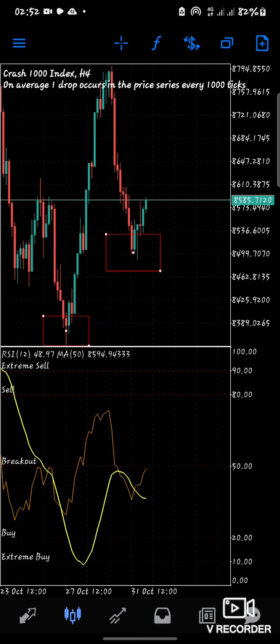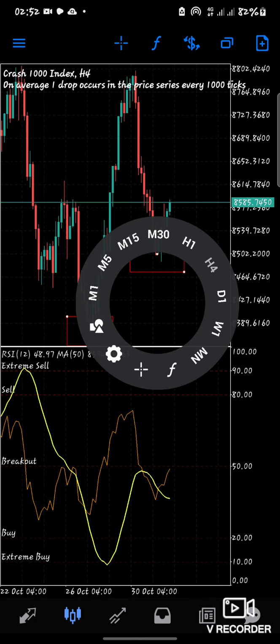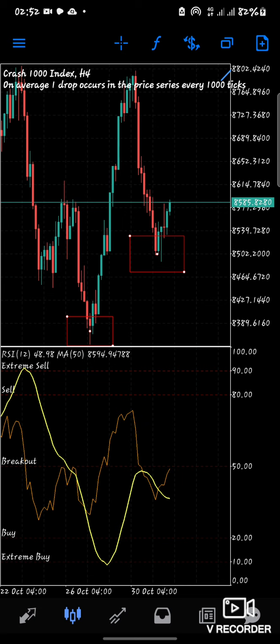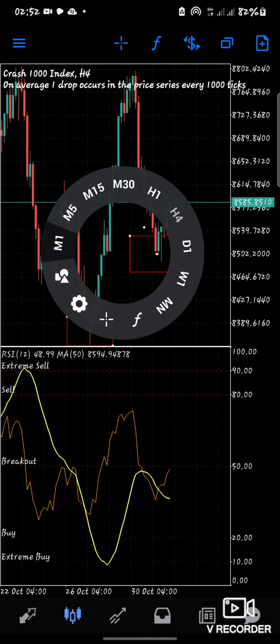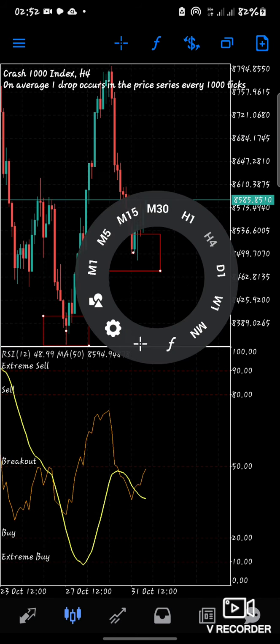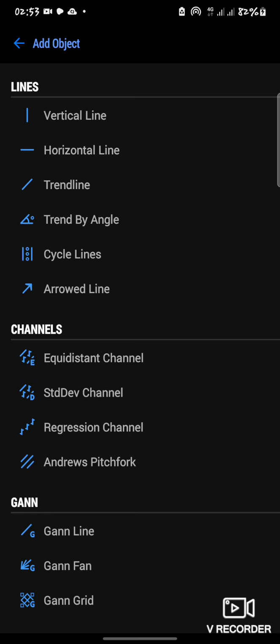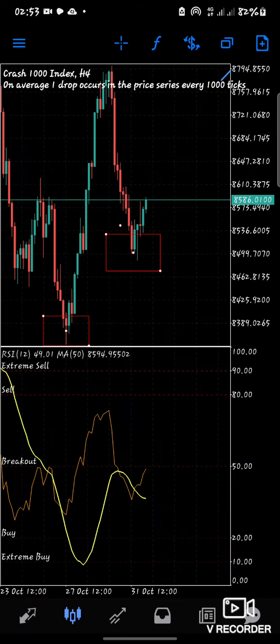So that is it. And after drawing this way, all you have to do is go here and pick this object, the object called the trend line. Sorry guys. Here you click the plus button, and you click on this object, the trend line. You click on it, then you use it to join these 2 rectangular trend lines together.